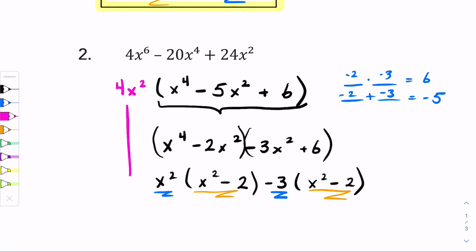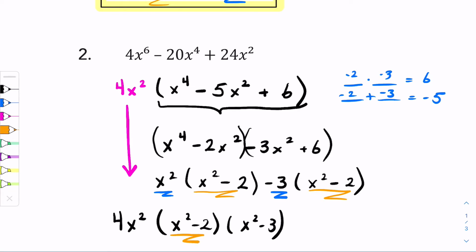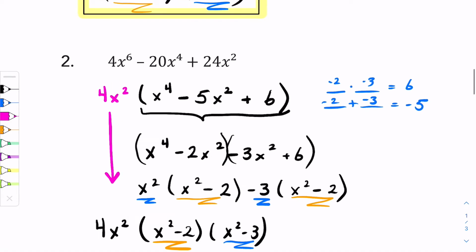Don't forget your greatest common factor that you took out at the beginning, which is 4x squared. And then I'm going to multiply x squared minus 2 and x squared minus 3. X squared minus 2 is my common factor. X squared minus 3 was the GCFs I took out. And of course, 4x squared was the GCF to start with.